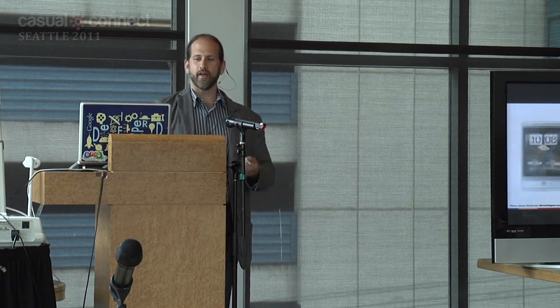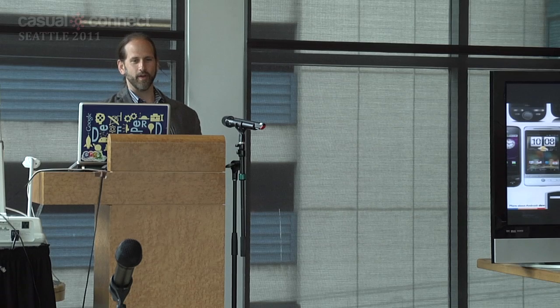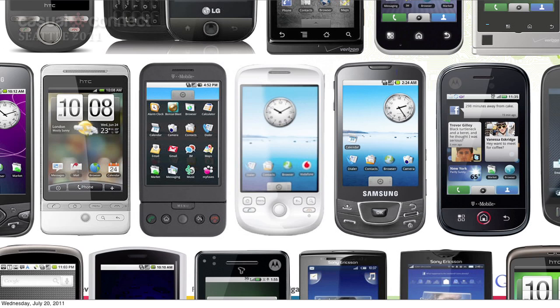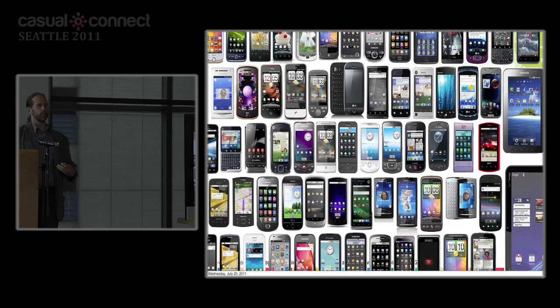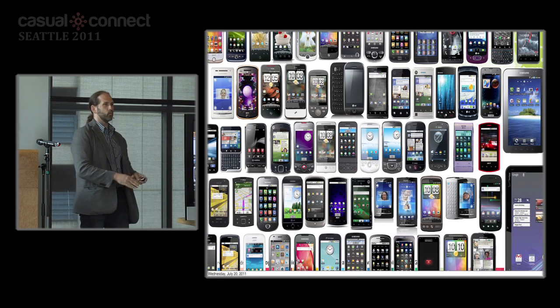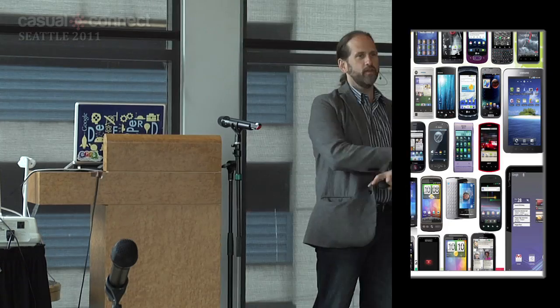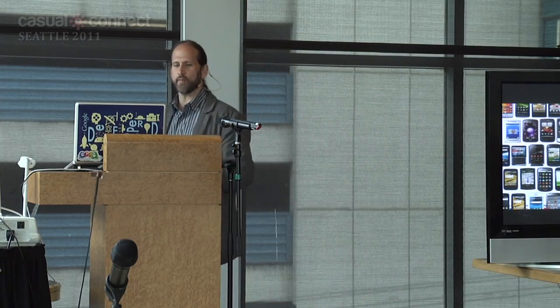And of course, then we saw a lot of proliferation going on in the market. So the question is, with all of these diverse devices, how do we address as many of them as possible so that you can see your game running happily and getting to as many users as possible? And so that's what we're going to be talking about.